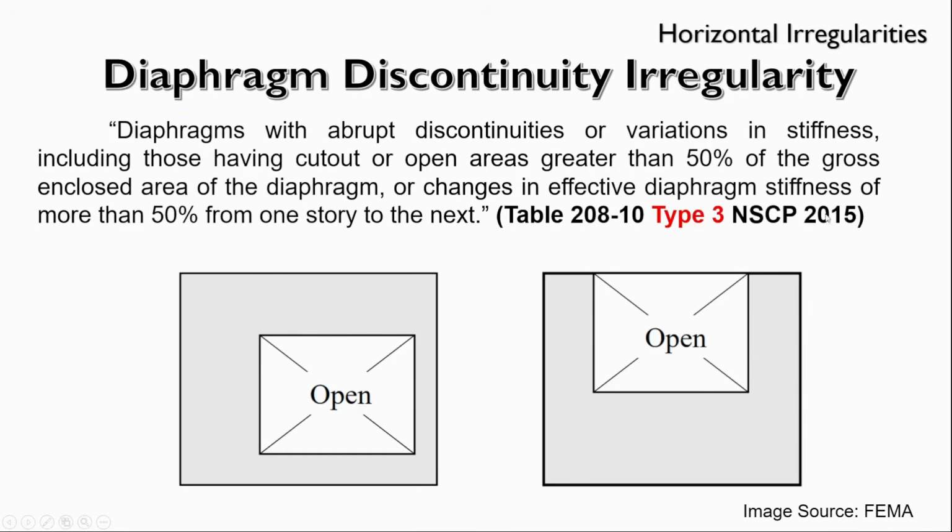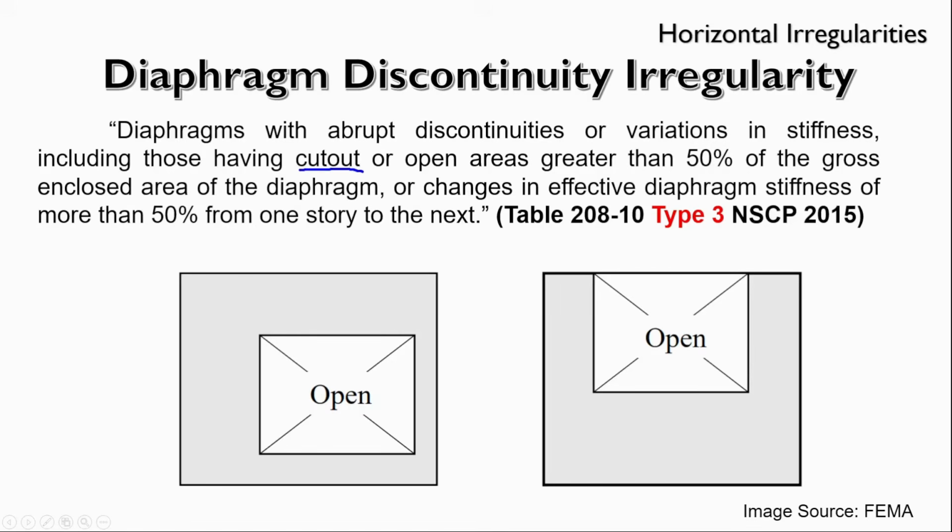As for the effective diaphragm stiffness, for example, a shear wall is also a diaphragm. So if the stiffness changes by more than 50% from one story to the next, we can also have diaphragm discontinuity, but in this scenario we only consider the cutouts, the openings.